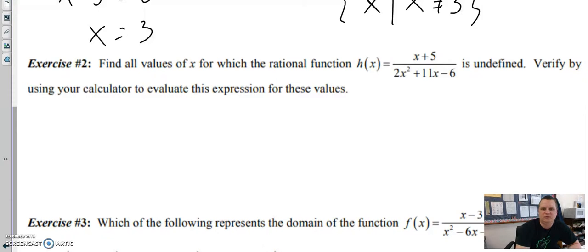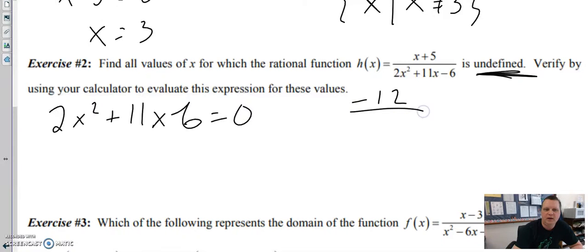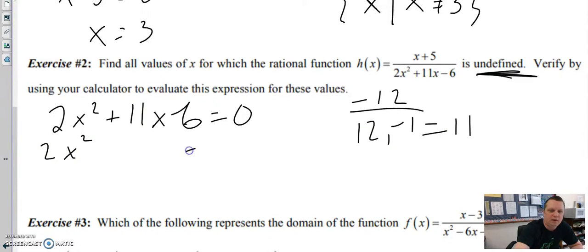Exercise 2, find all values of x for which the rational function is undefined. Verify by using your calculator to evaluate this expression for these values. So undefined again, it's when your denominator equals 0. So quick little review on arcing. So you have your a times c, which is negative 12. Factors of negative 12 that give me an 11 are 12 and negative 1. 2x squared plus 12x minus x minus 6.